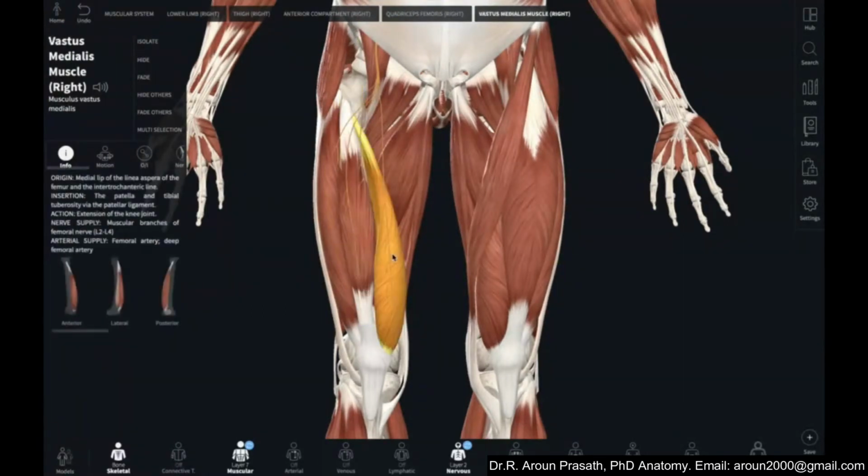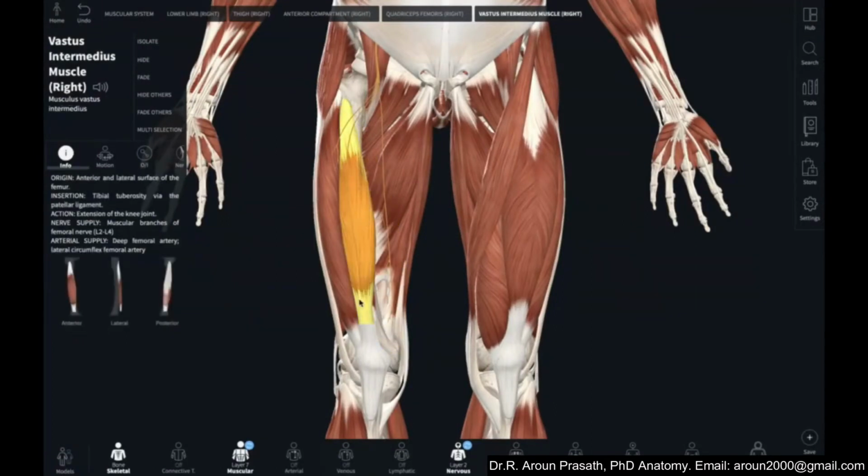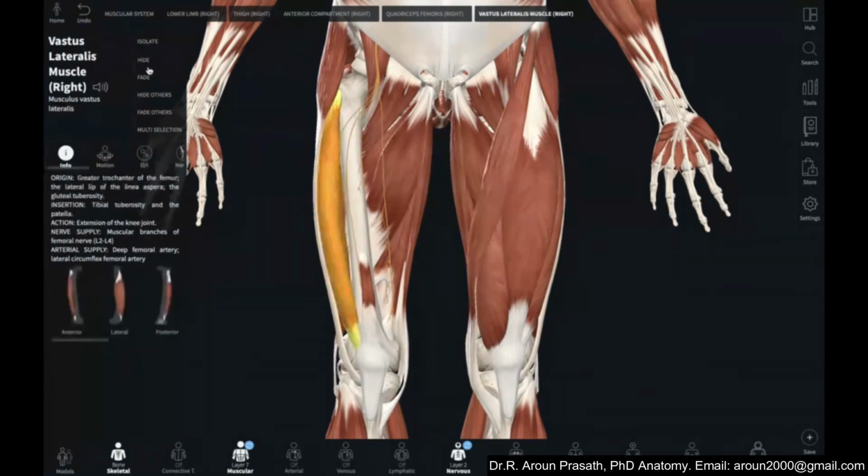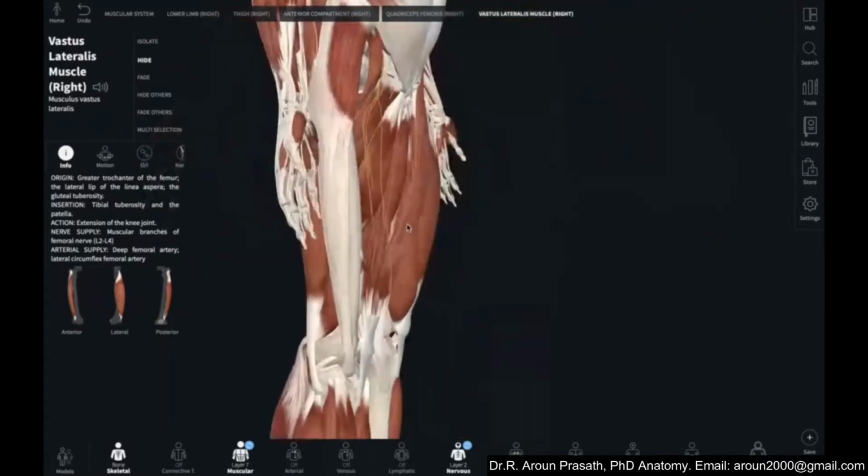Then you have the vastus medialis in the medial aspect. Then you have the vastus intermedius between the vastus medialis and lateralis. Then you have the vastus lateralis. All these four muscles are called the quadriceps muscle.